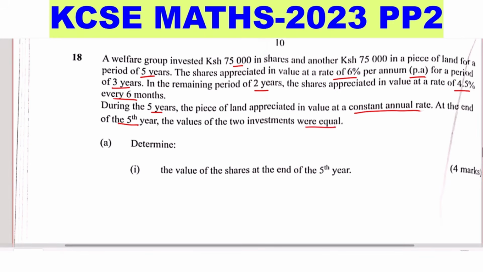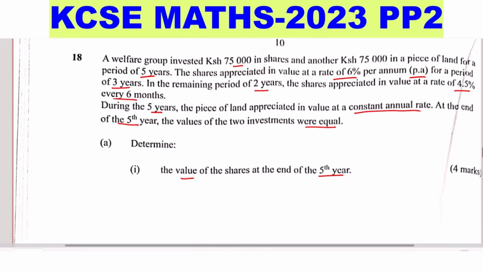Part A, determine the value of the shares at the end of the 5th year. The amount that was invested was 75,000. We are given the rate of appreciation: the shares appreciated in value at the rate of 6% per annum for 3 years, and for the next 2 years at the rate of 4.5%.